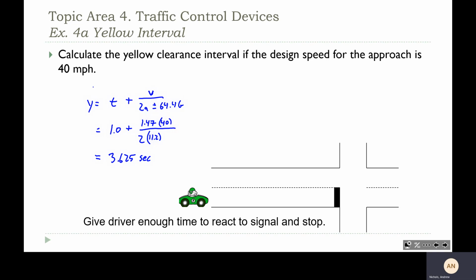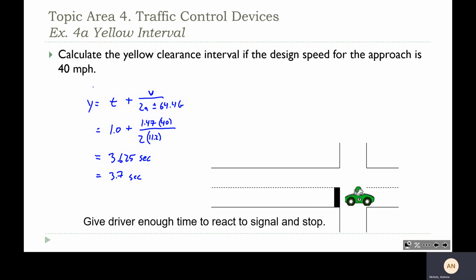If you were going to round this to a tenth of a second, how do you think you should round it to make sure it's as conservative as possible? We would round it up to 3.7, because if we round it down to 3.6, then we're not fully providing the amount of yellow time that we designed for based on the speed limit or the design speed.